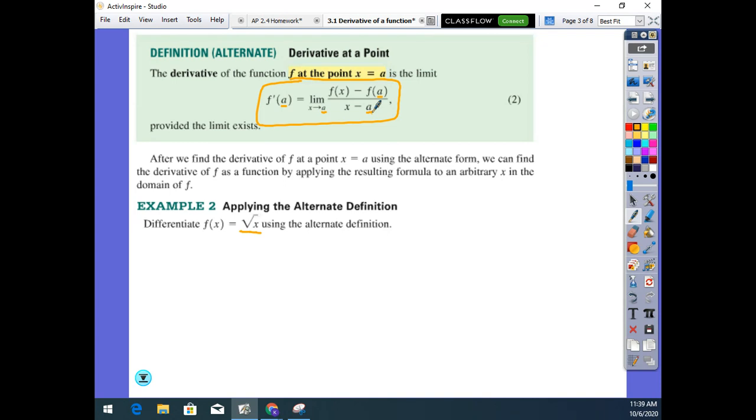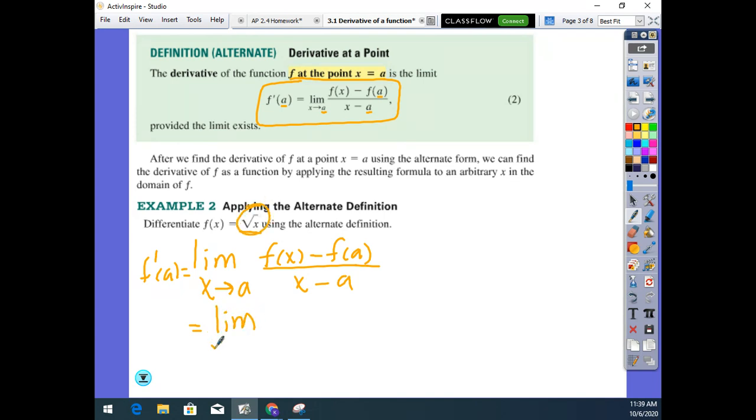So we have to find f prime of a, take the limit as x approaches a of f of x. I'm just going to write this down, and then I'm going to use this here. So I'm going to carry down the limit as x approaches a of the square root of x minus the square root of a over x minus a.